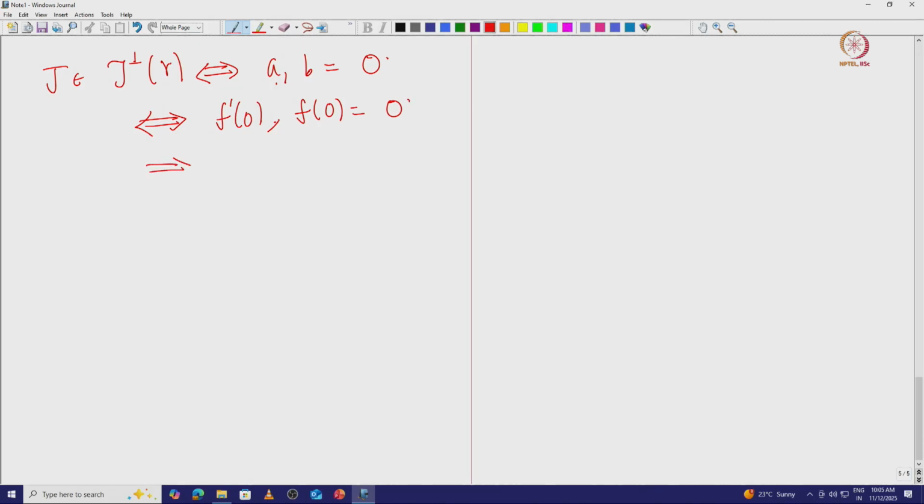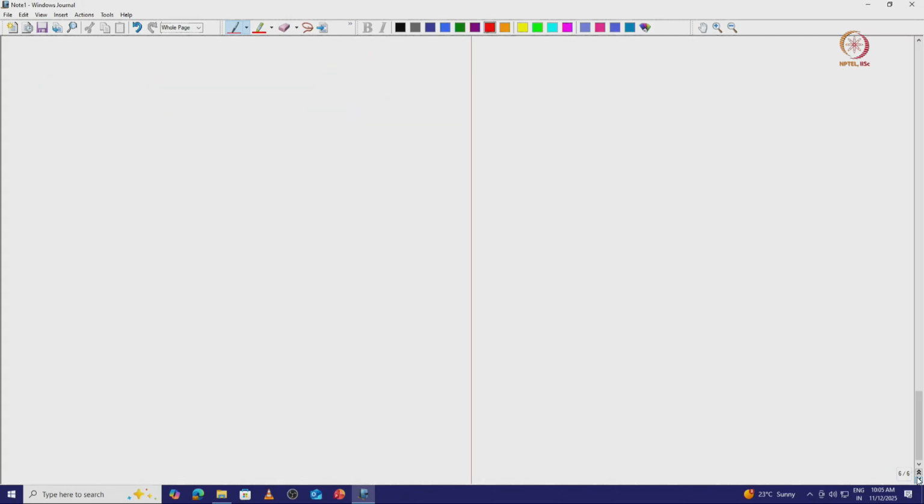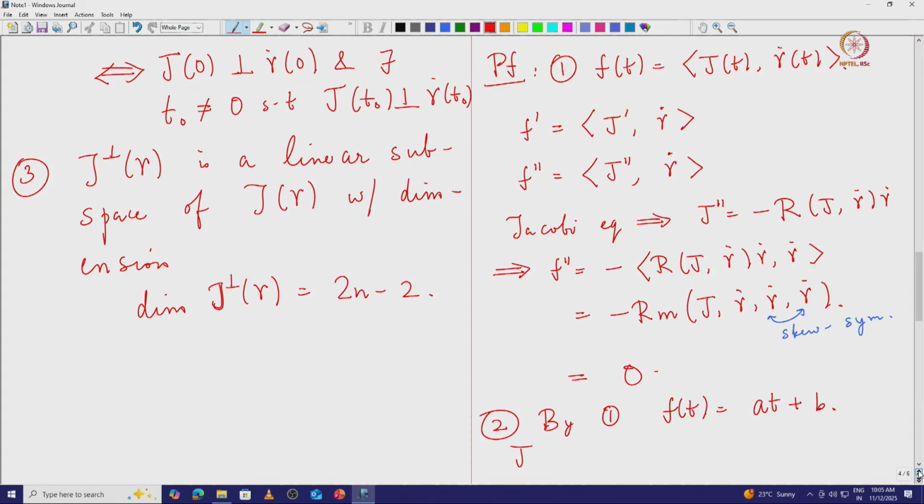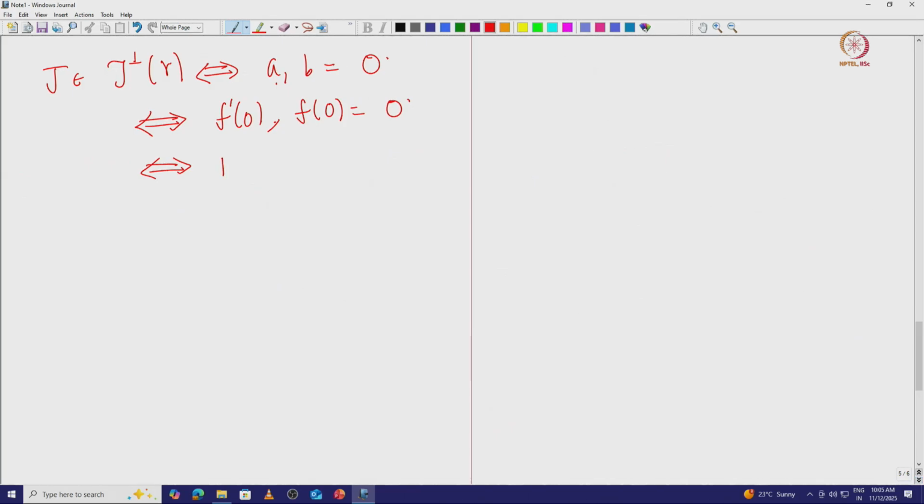But then by the definition of f and our calculation for the derivative of f, this is equivalent to the statement that J prime of 0 is perpendicular to gamma dot and J of 0 is perpendicular to gamma dot.